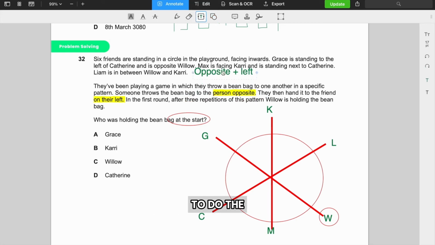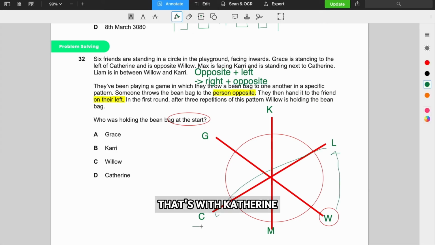Well, we have to do the reverse of opposite plus left. So that's going to be, you have to go right and opposite. Okay, so we want to reverse what's happening. So we want to do 3 repetitions. Okay, so to go backwards, we want to go to the right, then opposite, so that's with Catherine. So that's 1 round.